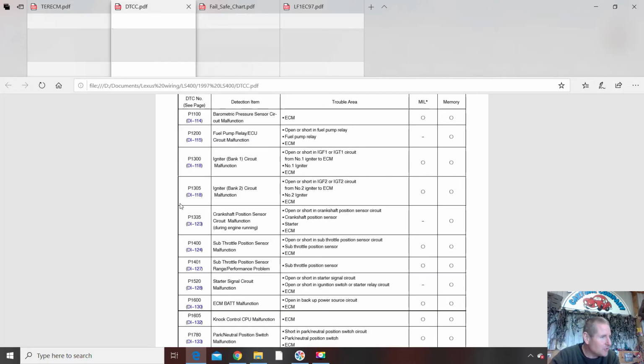And the trouble area is open or short in IGF1 or IGT1 circuit from number 1 igniter to ECM. Number 1 igniter or ECM.